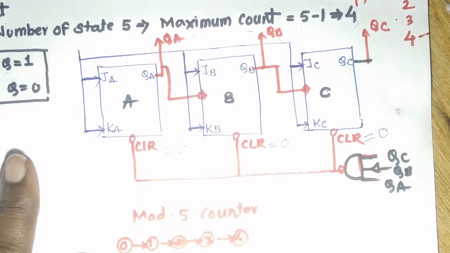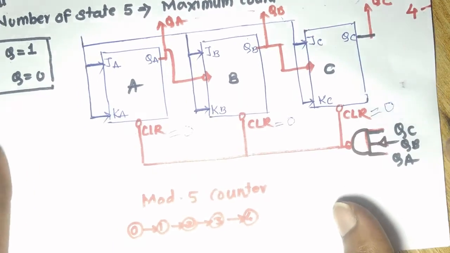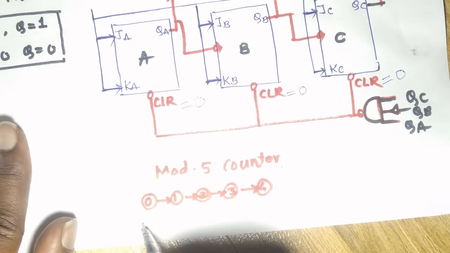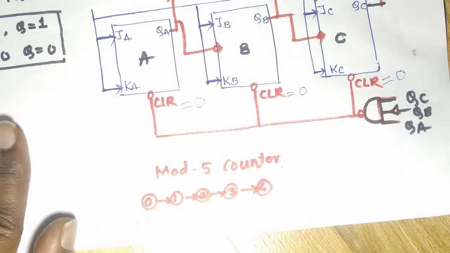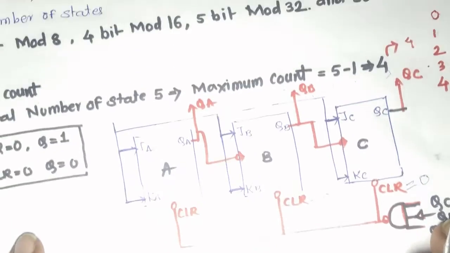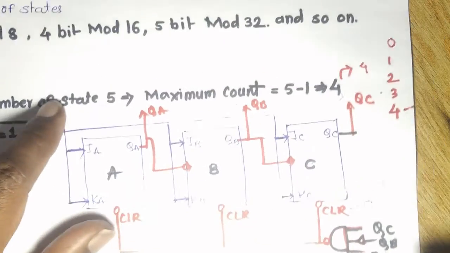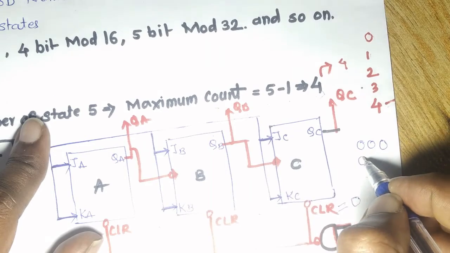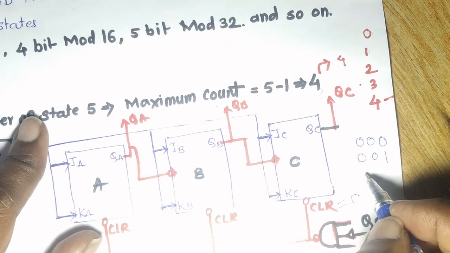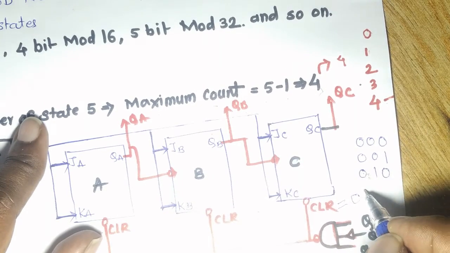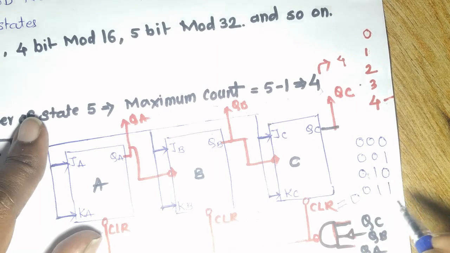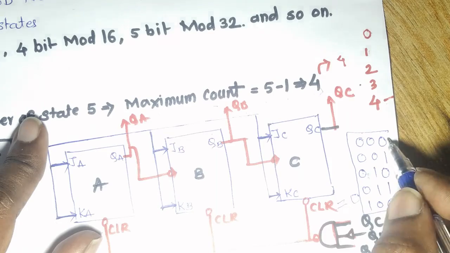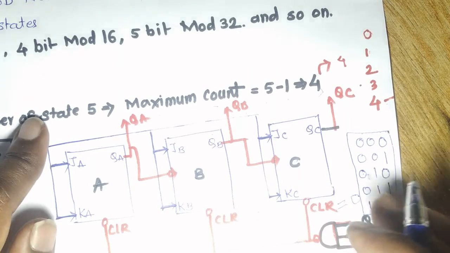So it means that this counter will count the values 000, then 001, then 010, then 011 and 100. So these are the 5 states of the mod 5 counter.